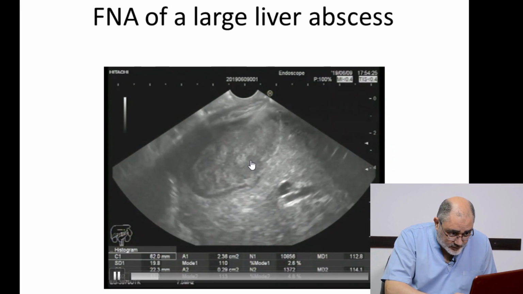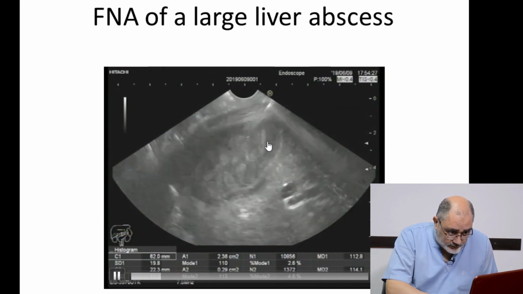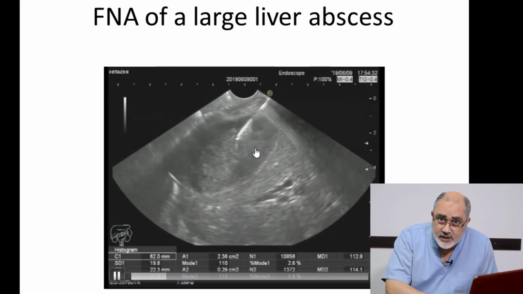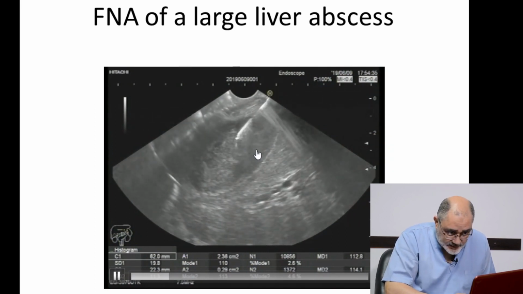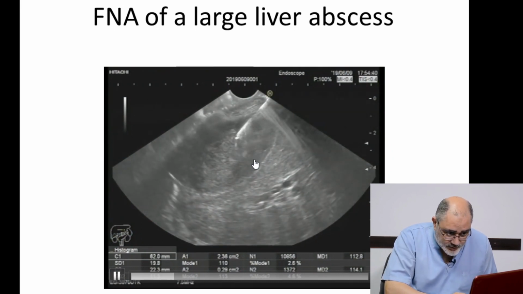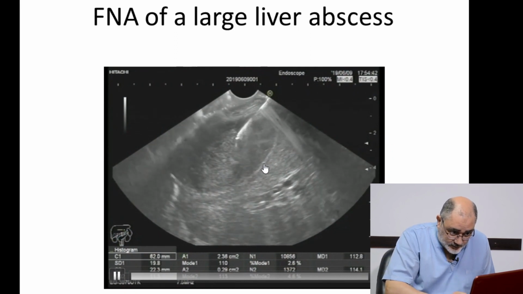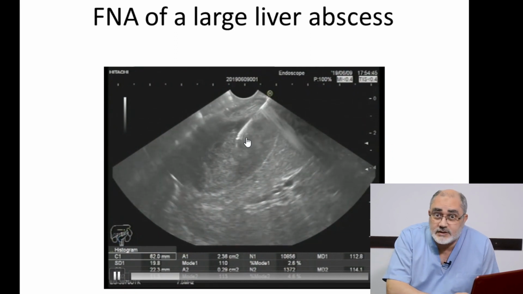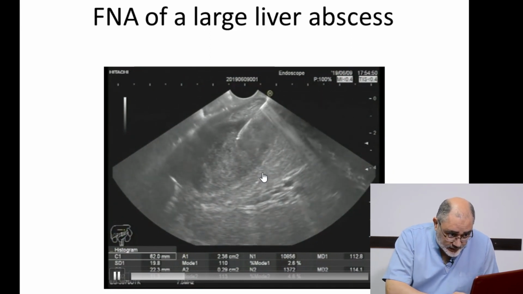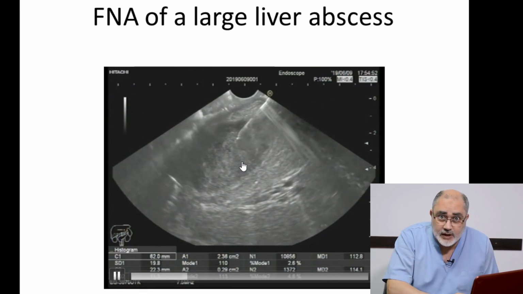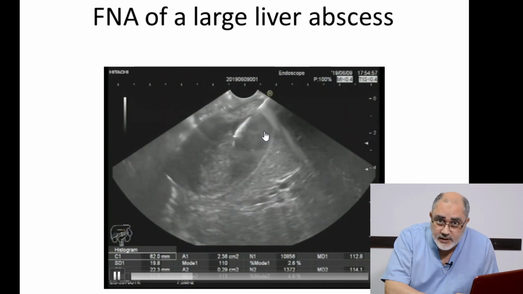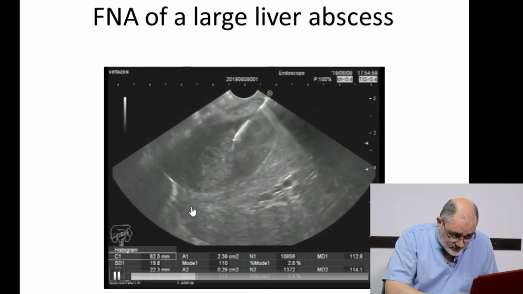We can also do fine needle aspiration, aspirating some of the material to prove that it is an abscess, and to do culture and sensitivity and give antibiotics. This may work well with small or moderate-sized abscesses, but in cases of large abscesses, there are some case studies about putting a double pigtail stent between the abscess cavity and the stomach, exactly like cystogastrostomy.